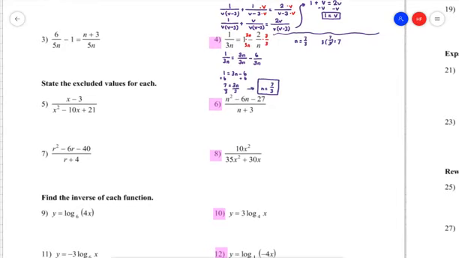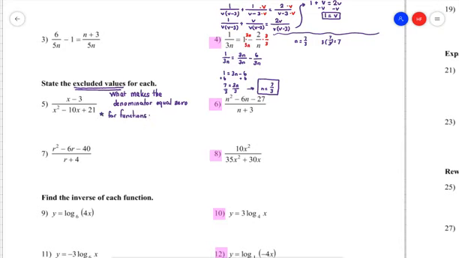Now in this next section, it says to state the excluded values. Excluded values are what makes the denominator equal 0. If these were functions, this is on the test, so make sure you're paying attention to this part.